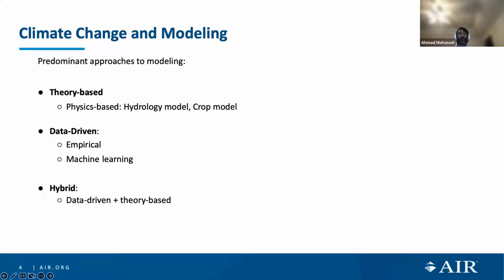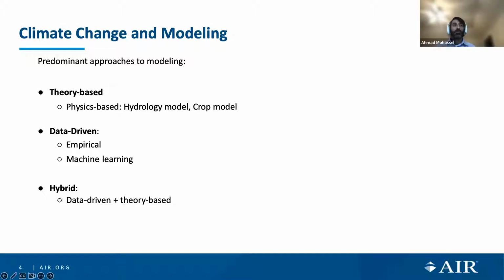But there's another version, the hybrid model, which is basically a combination of those two. We have a theory in the background, we build our model based on the theory, but we have available data, we feed data to the model, and by combining these two, we are able to build a model and gain a lot of information.